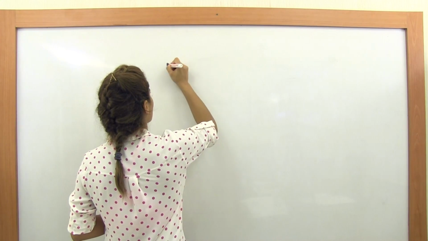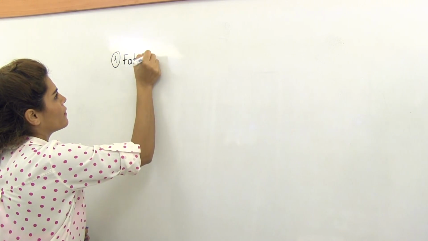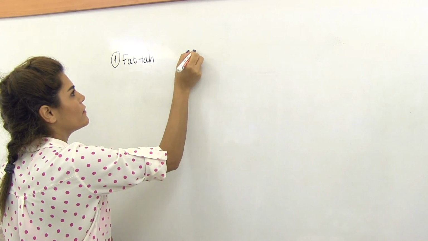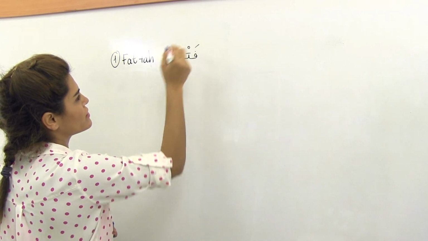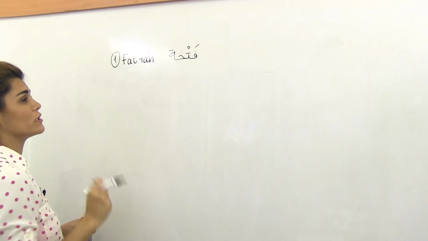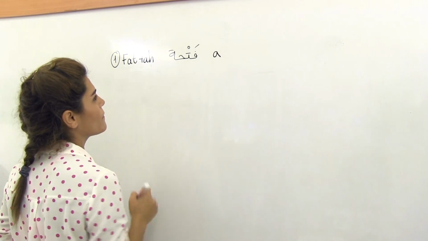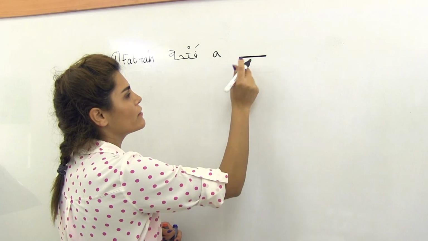So the first one is called فتحة, fatha in Arabic. I'm writing these marks, these are the diacritical marks. You will start to understand it soon. The sound is a, and you write the fatha on top of a letter.